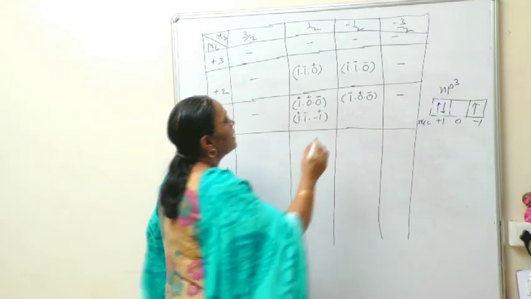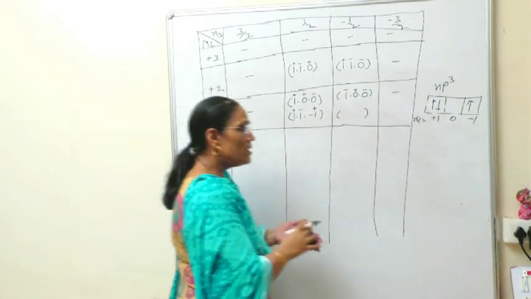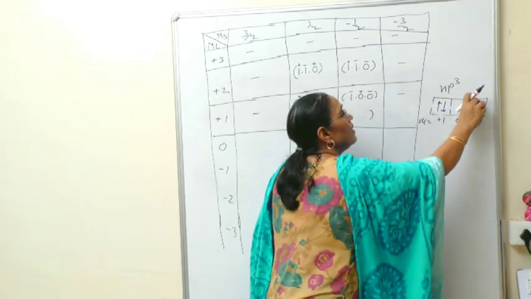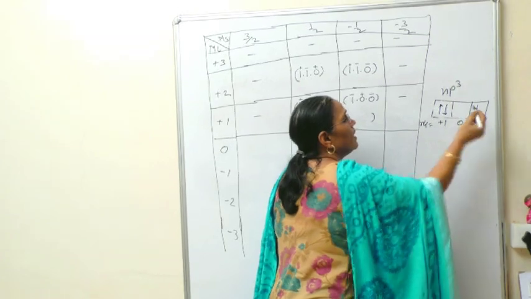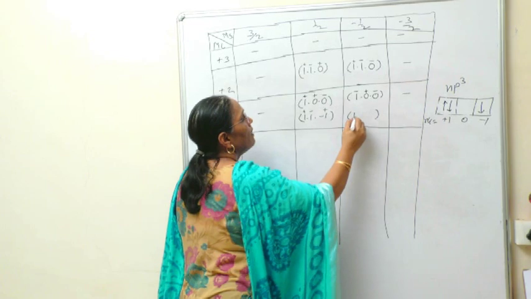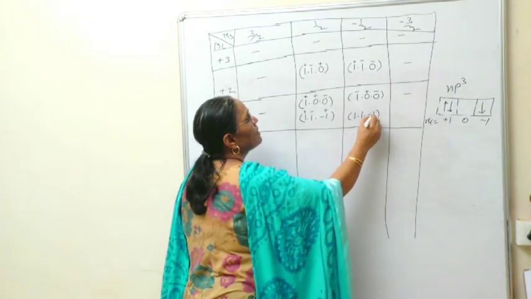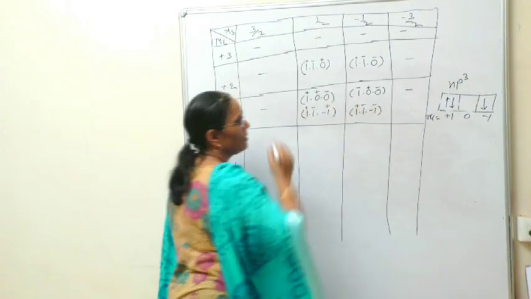From this microstate we can also get another microstate just by changing the spin of the electron in ml minus 1. So the microstate will be 1, 1, minus 1. Here plus minus will remain the same and now it will become minus.